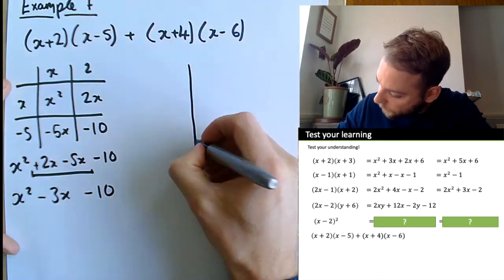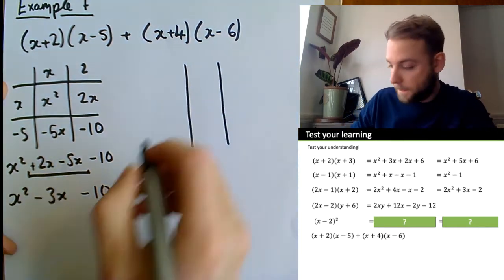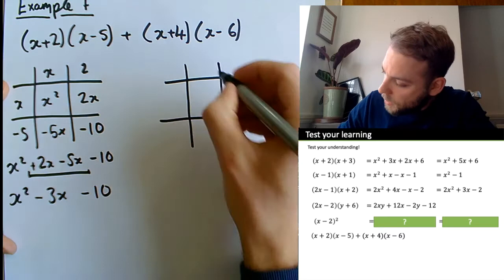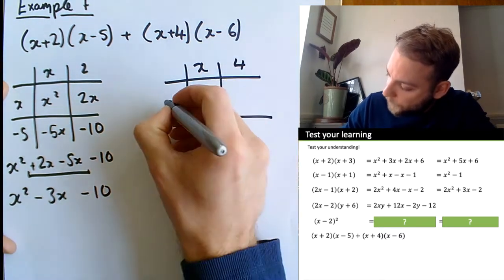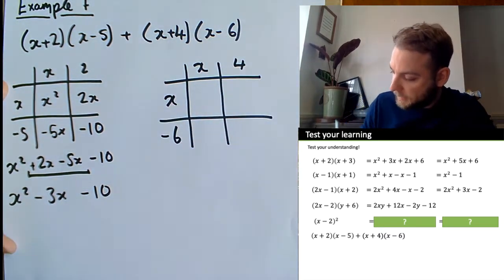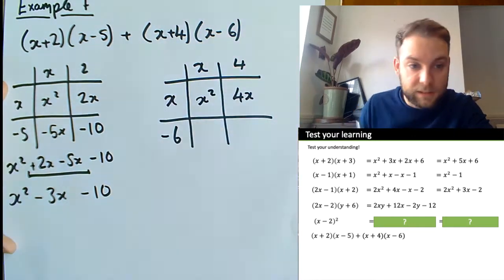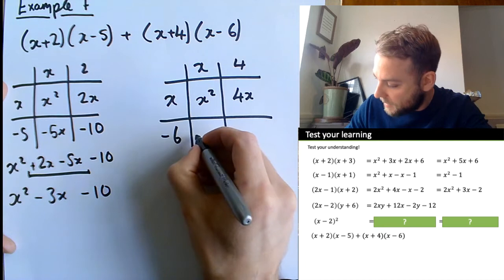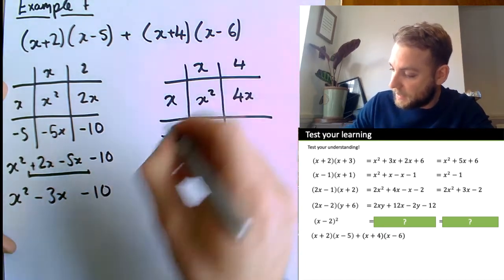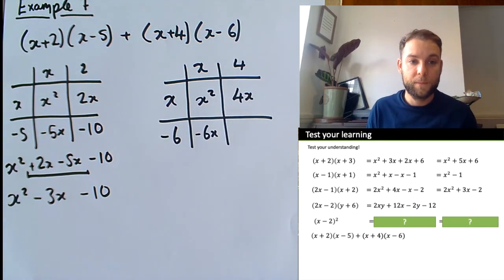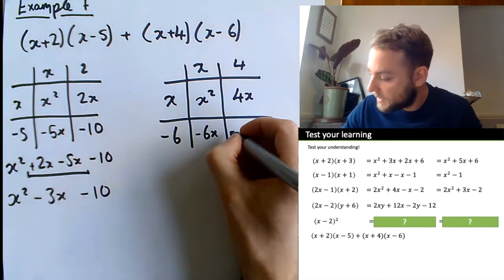Let's do this next one over here. So we have x plus 4, x minus 6. X times x is x squared. X times 4 is 4x. Minus 6 times x is minus 6x, and minus 6 times positive 4 is equal to, well, 6 times 4 is equal to 24.